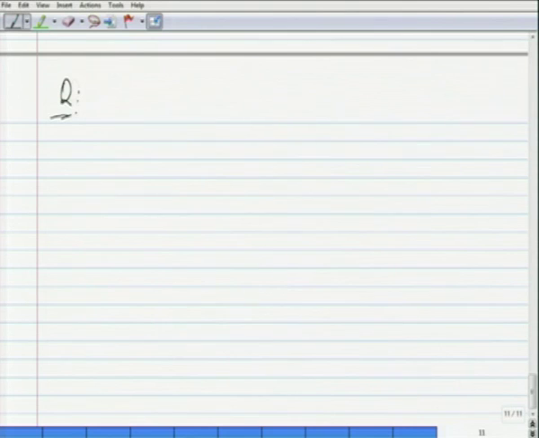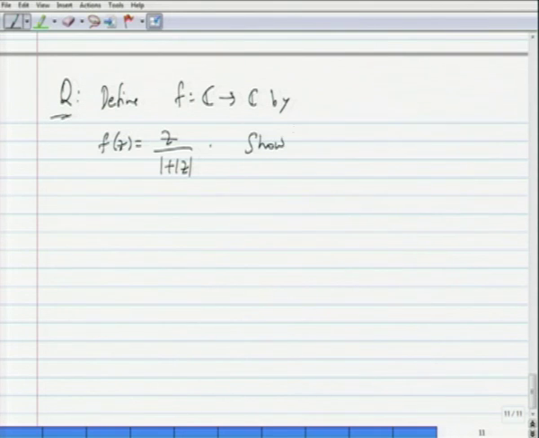So, the next question is about continuous functions. Define f from C to C by f of z is equal to z by 1 plus mod z. Show that f is continuous.